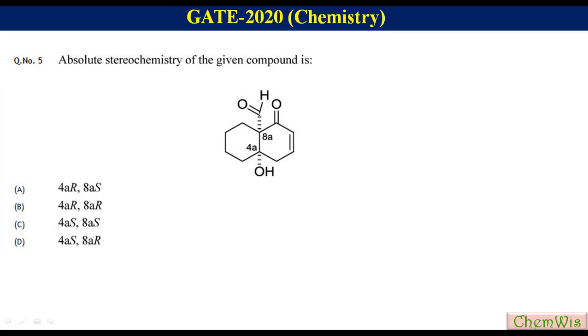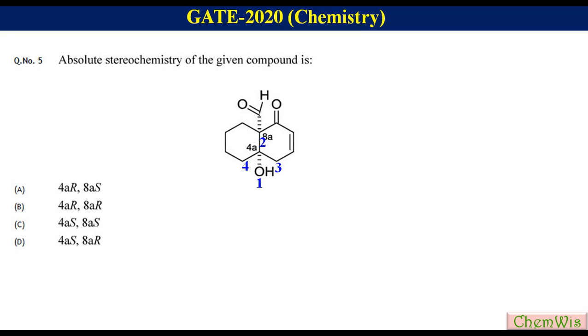Question number 5. In this, we have to find the absolute configuration of chiral centers 4A and 8A. Let's first take 4A. Label the 4 groups as 1, 2, 3 and 4 based on their priorities. Now convert this center into a Fischer projection.